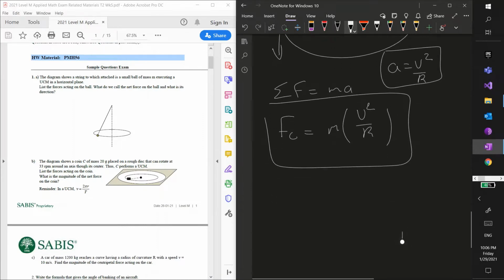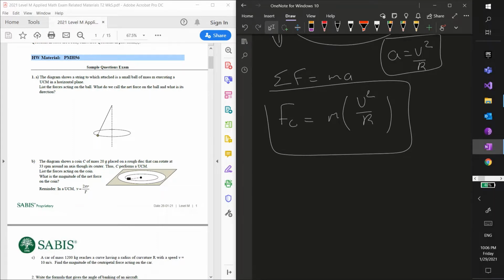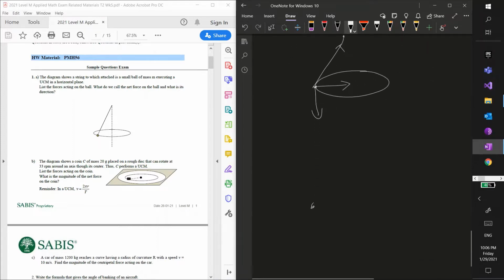So, now, list the forces acting on the ball. You have a ball over here, you have a string attached to it. So let's write all the forces. You have the centripetal force acting towards the middle, you have the tension, and you have the weight, yeah? So tension and your centripetal force, which we're going to figure out what it is right now. You have your weight.